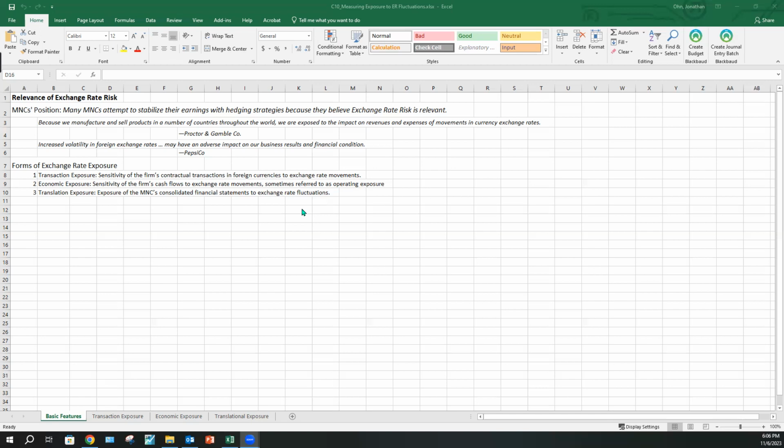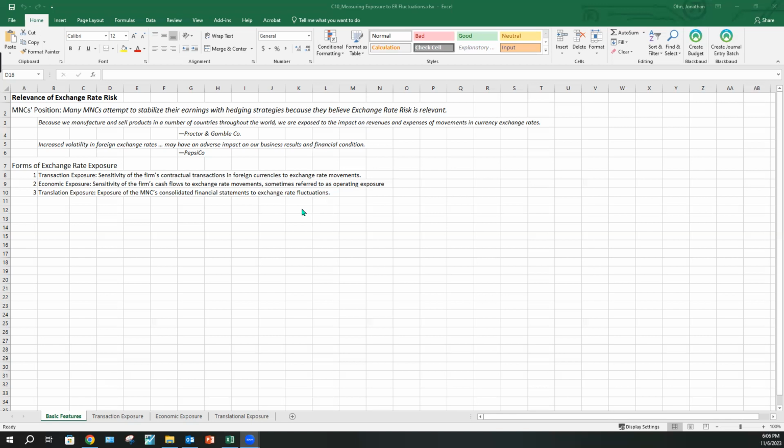Procter and Gamble, a global multinational corporation, says because we manufacture and sell products in a number of countries throughout the world, we are exposed to the impact on revenues and expenses of movement in currency exchange rates. PepsiCo, a company with business all over the world, says increased volatility in foreign exchange rates may have an adverse impact on our business results and financial condition.